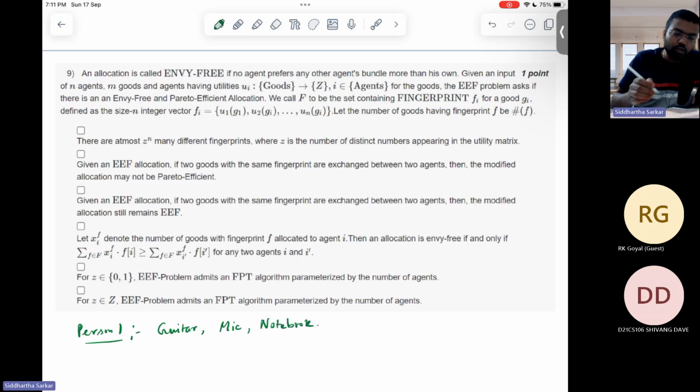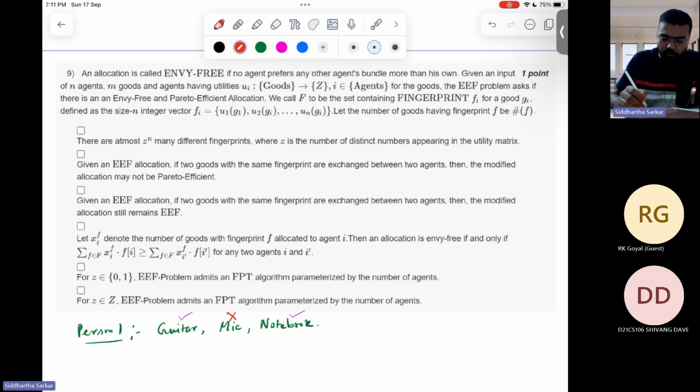For example, he values only guitar and notebook as one, and for the mic he has no preference, so he doesn't like the mic at all. So the utility that he has obtained is 1 plus 1 is equal to 2 under some allocation.